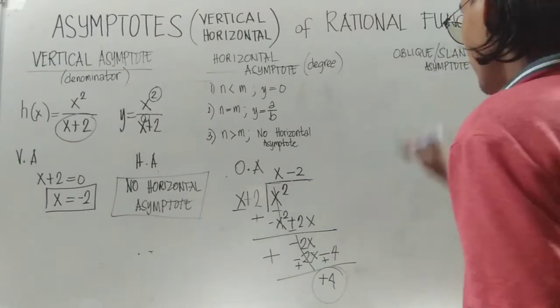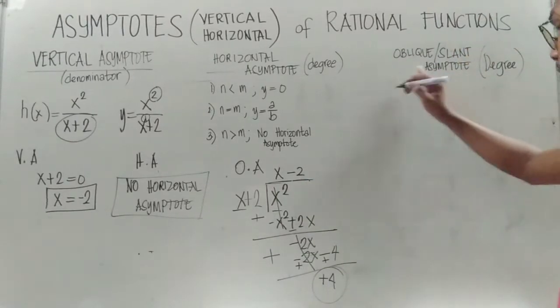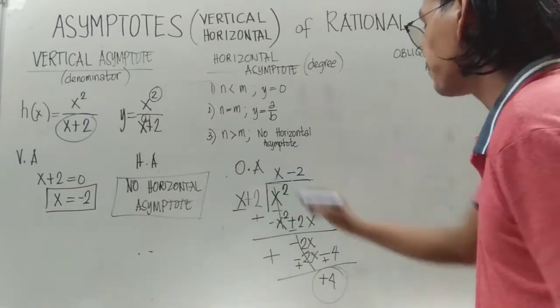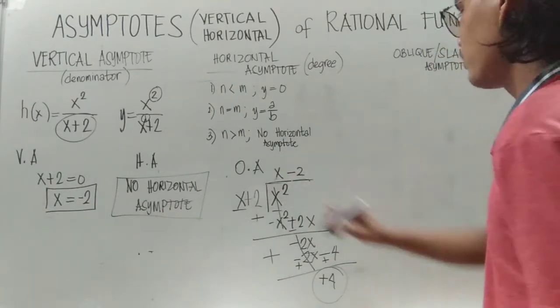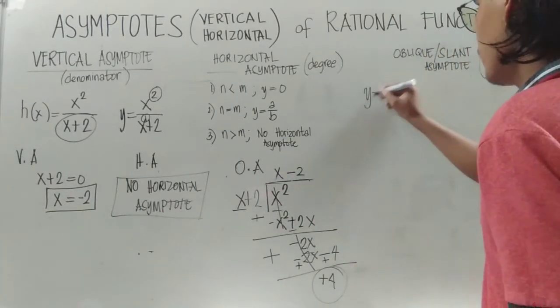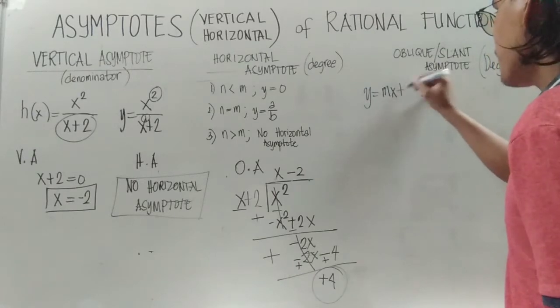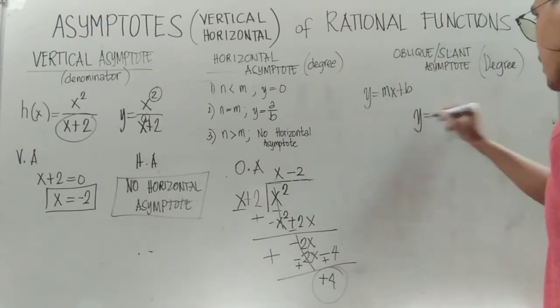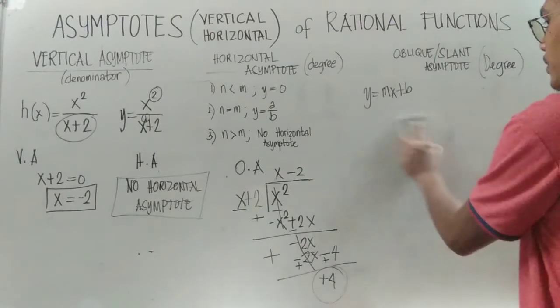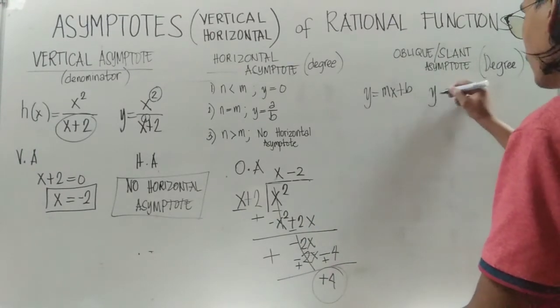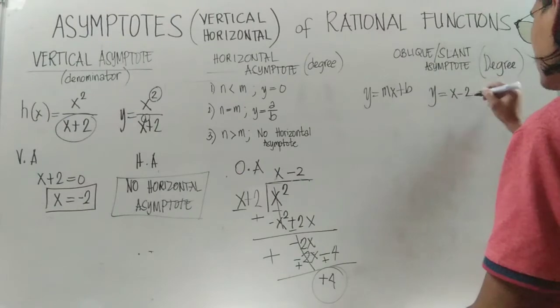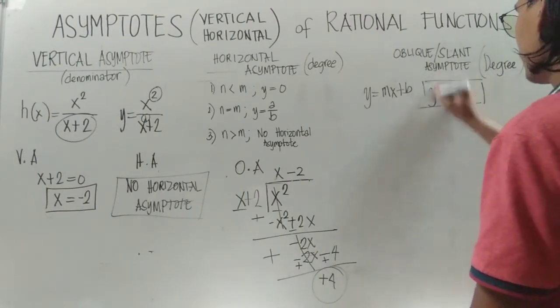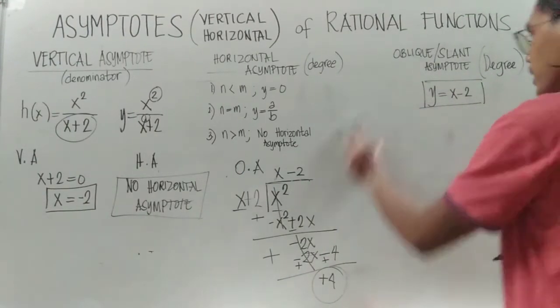It is a slant line, or oblique, so it has a slope. It follows the slope-intercept form y equals mx plus b. In this case, your oblique asymptote is y equal to x minus 2.